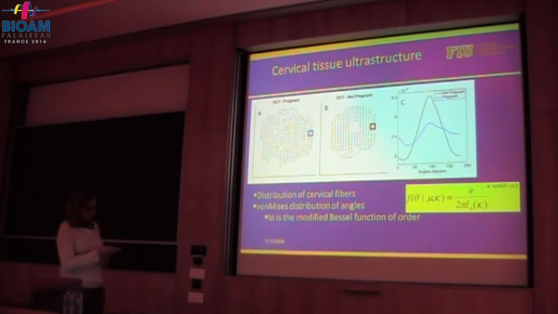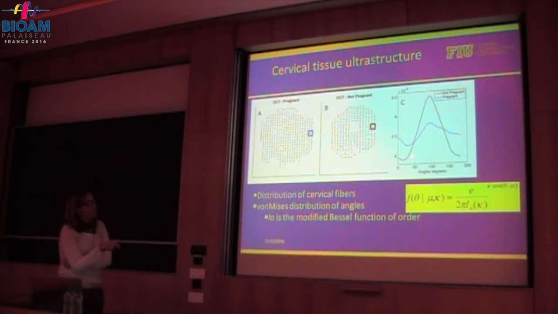So this is again work done by Dan, showing this OCT of a pregnant individual, excised cervix again, and this is a non-pregnant individual. You can see that the arrangement is somewhat more dispersed here than here, but if you go here in one region of this cervix, you can then quantify the dispersion of collagen, right?